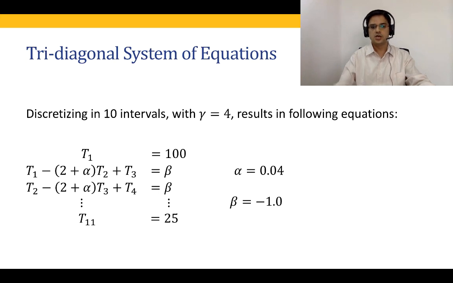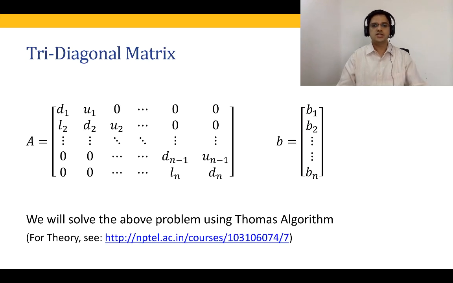So how does the Tdma algorithm work? You can go again to this link that is shown over here, and you can see this video to try to understand how the Tdma or the Thomas algorithm works. We are just going to use that. It's kind of similar to the Gauss elimination, except we account for the fact that all the other elements except D, L, and U are zeros.